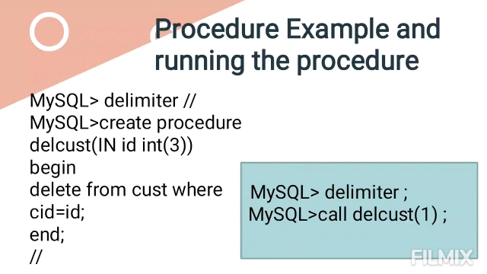I create a procedure del_cust with a parameter id of int type. We will discuss the type in and the data type int later. In this procedure we only do a delete operation from the cust table where CID equals id. Then this procedure is created.